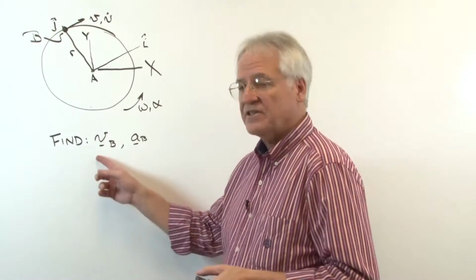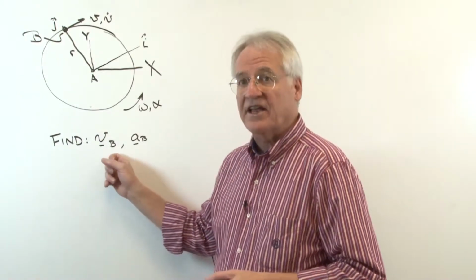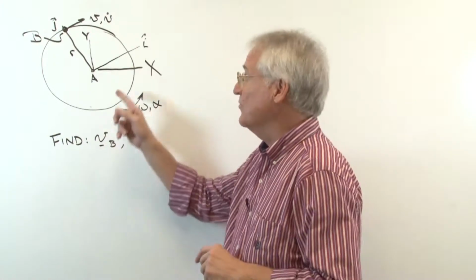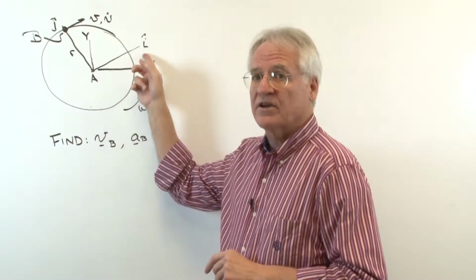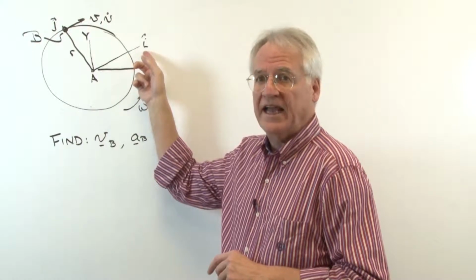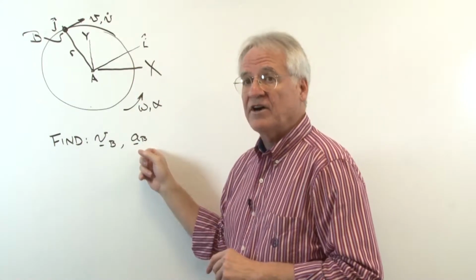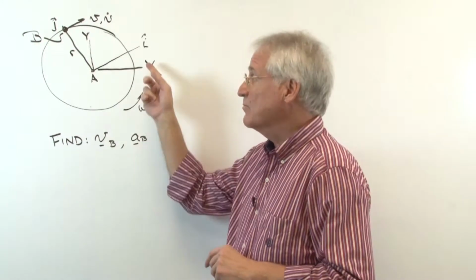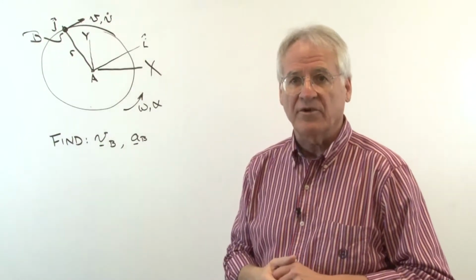What you're to do is to find the velocity of the hamster with respect to the ground expressed in terms of the body coordinate system's unit vectors i hat and j hat. Similarly, find the hamster's acceleration with respect to the ground expressed in those same unit vectors.